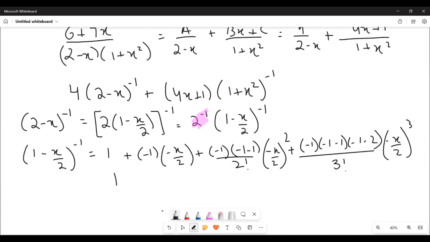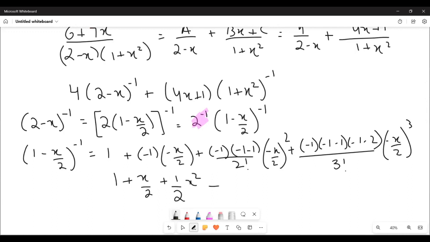So that is 1 plus x upon 2, and we have minus 1 times minus 2 divided by 4 divided by 2 factorial, which is giving me half x square.